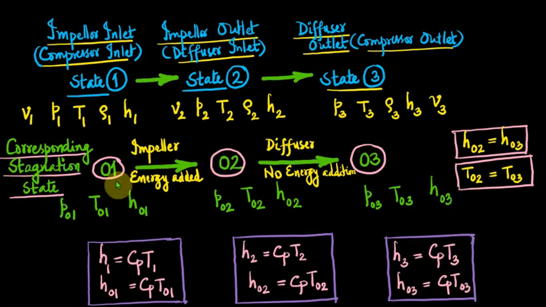One more important thing: in the impeller, energy is added to air. Because of the energy addition, enthalpy increases, so H1 increases to H2 and H01 increases to H02. But in the diffuser there is no energy addition.